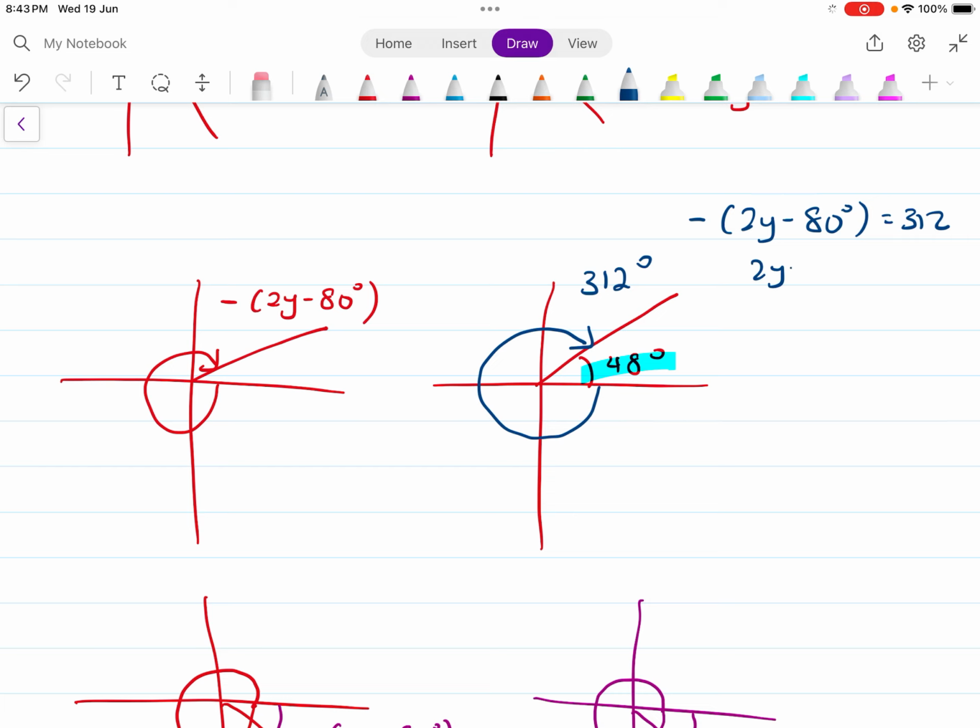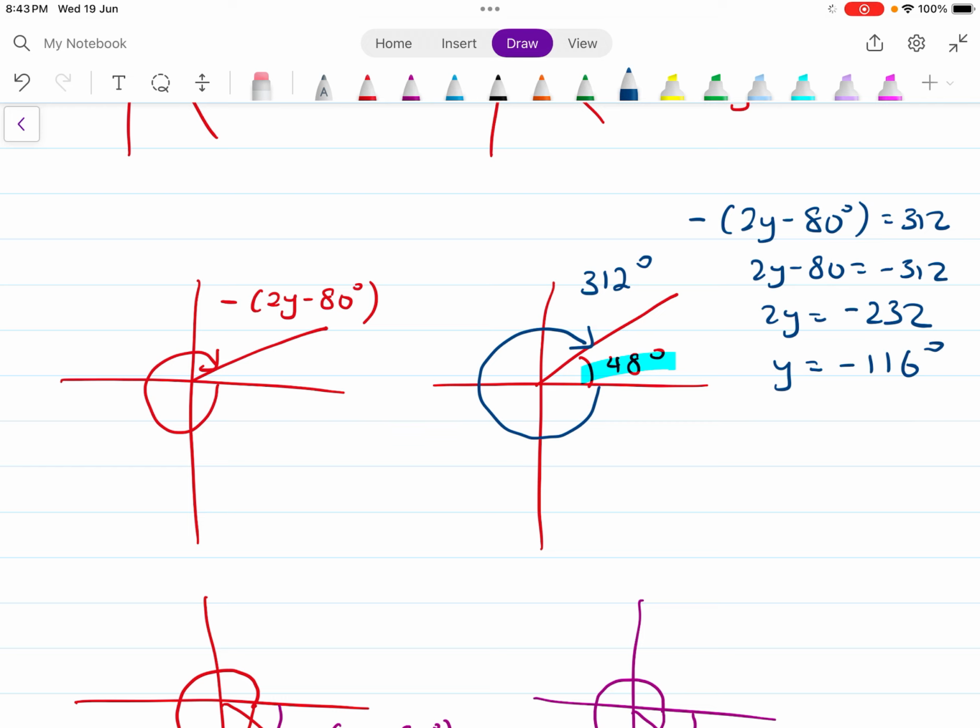So 2y minus 80 equals negative 312. 2y equals, let me just do a quick one, negative 312 plus 80, so it's about negative 232. So y is equal to, divided by 2, negative 116 degrees. So this is the third answer.